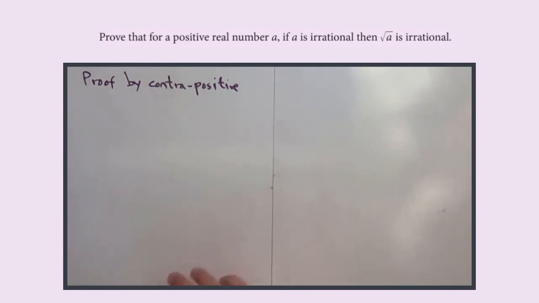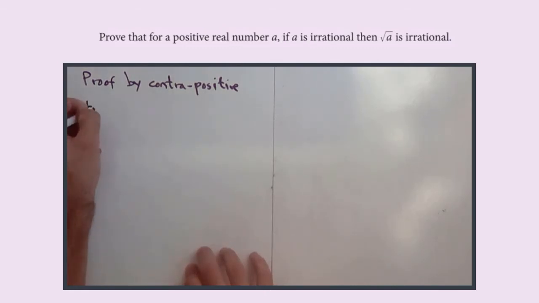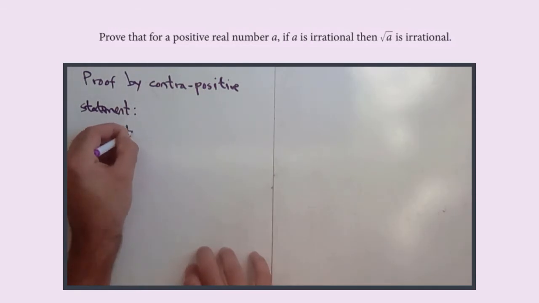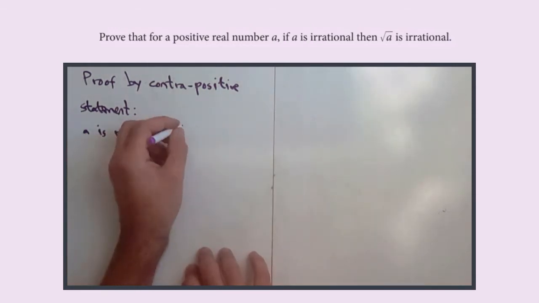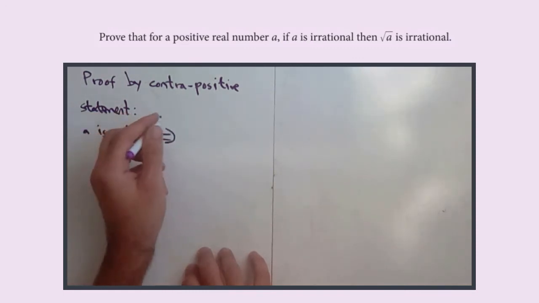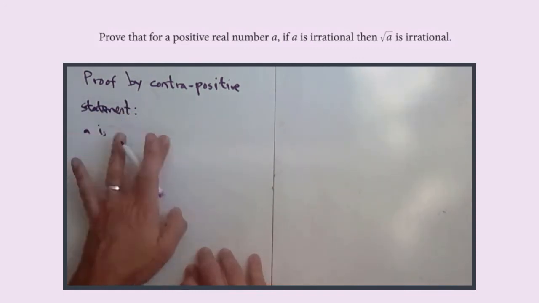Okay, so the statement is, if a is rational, then root a is irrational. Sorry, let me try that again.